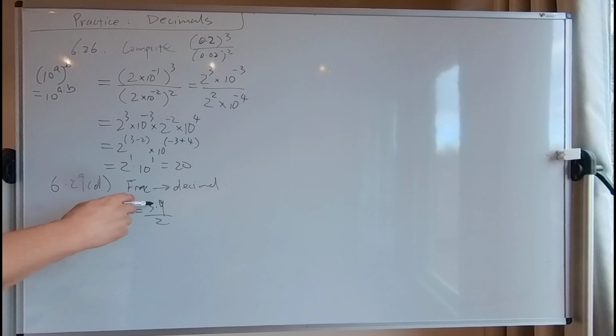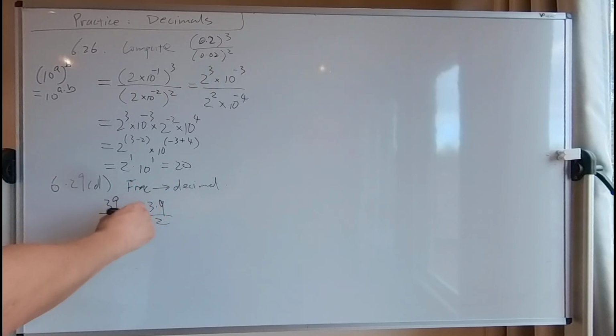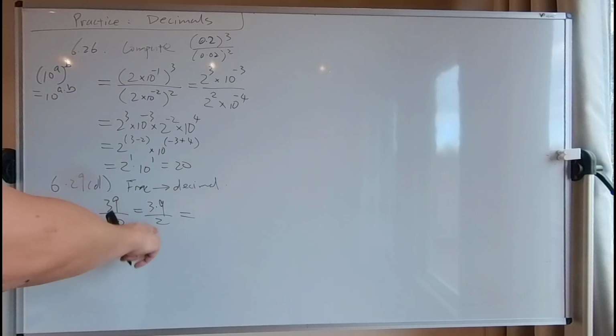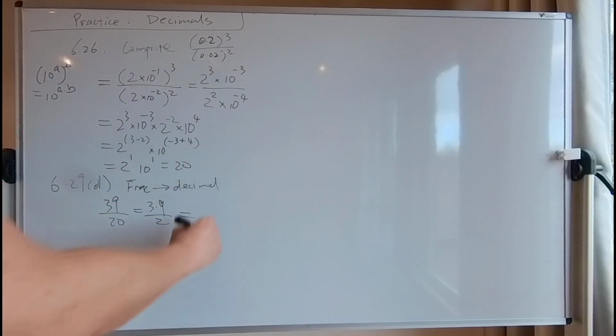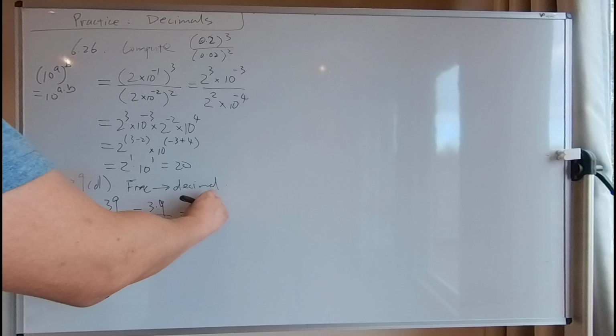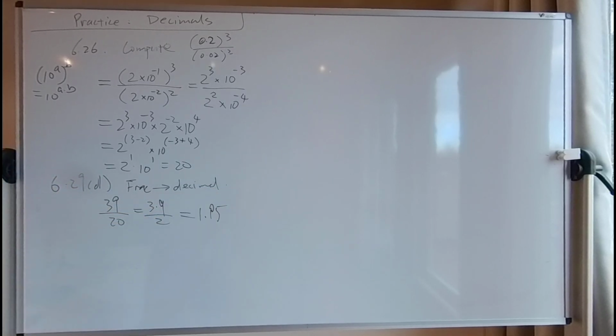Now, because I want to convert to a decimal anyway, I don't mind to have a decimal in my numerator first, and then 3.9 divided by 2, you can just use the long division, it will be 1.95. Right, this is how you convert that.